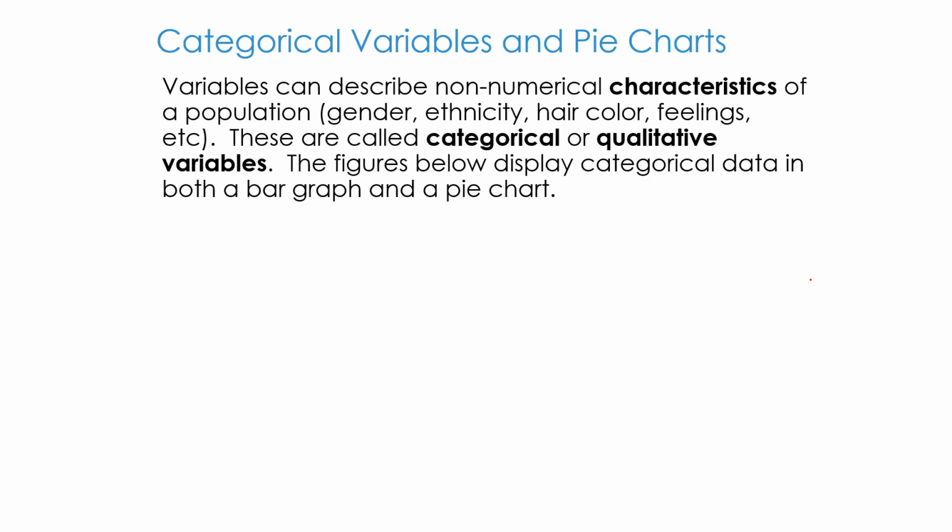So if you want to represent a percent of the population, so 25%, then you will use 25% of those 360 degrees. And again, that's just the basic percent form problem, 0.25 times 360, and 0.25 times 360 is 90. So you will use a central angle of 90 degrees.